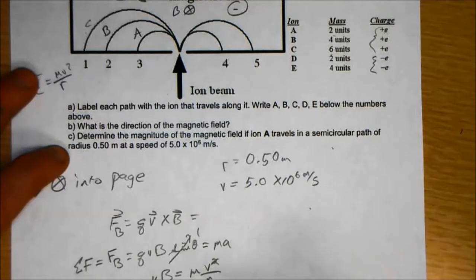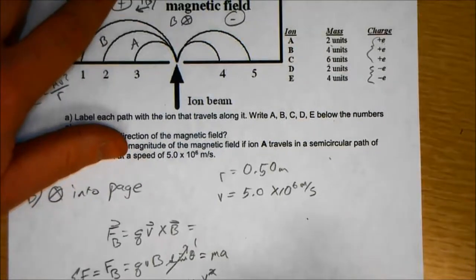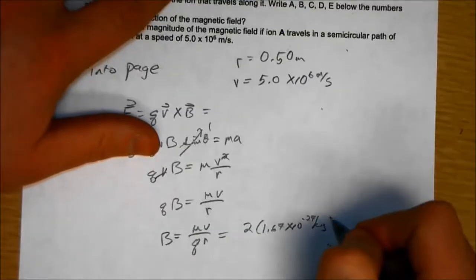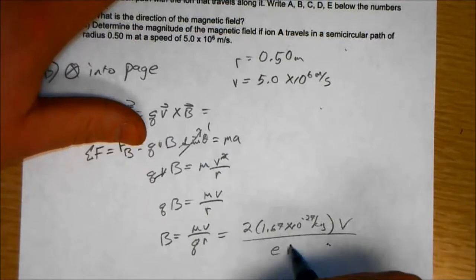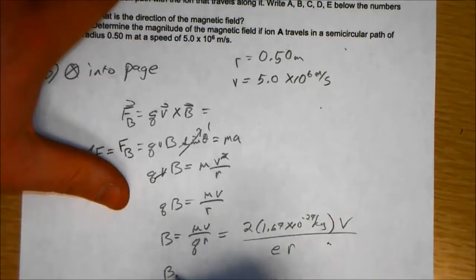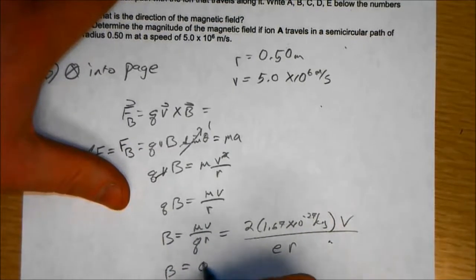So 2 times 1 mass unit, which is 1.67 times 10 to the negative 27 kilograms. Oops, can't see what I'm writing. Times the velocity given above over E times R. If you calculate that out, you get 0.209 Tesla.